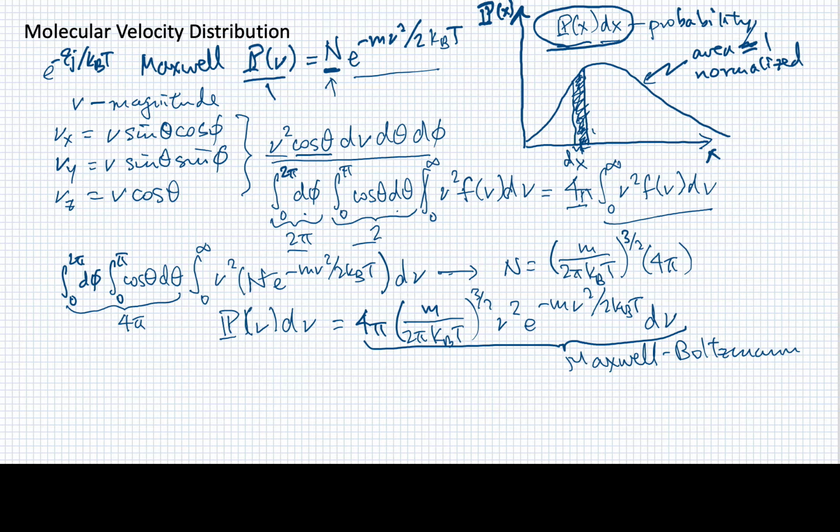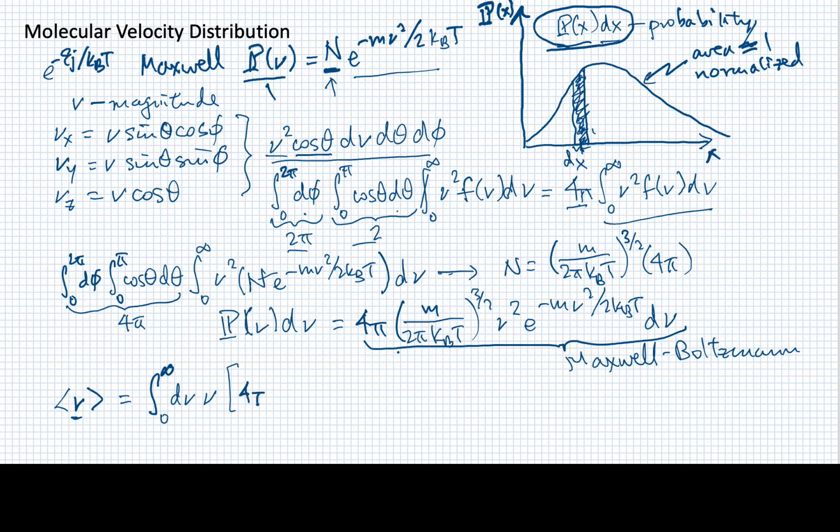Now, how would we use this? Well, let's suppose that we're interested in finding the average speed. So the average speed is just going to be the average of v. So what we would do is we would want to take our integration over all velocities, take the function that we're interested in evaluating, which is v, and then we would multiply it by this Maxwell-Boltzmann distribution.